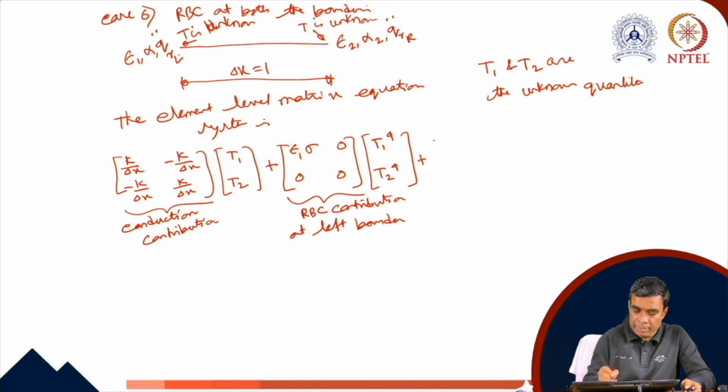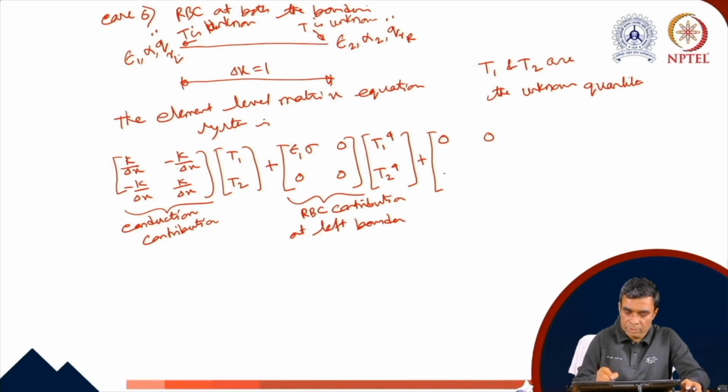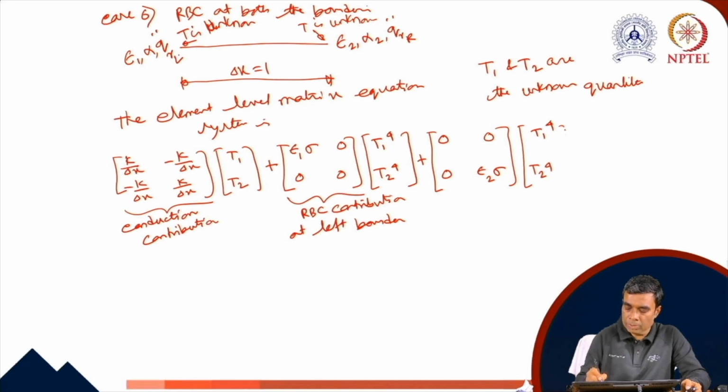For the right boundary, we have a similar contribution. Here, only the terms corresponding to T2 will be non-zero, so 0, and here it will be ε2σ, times T1^4, T2^4. This is the RBC contribution at the right boundary.